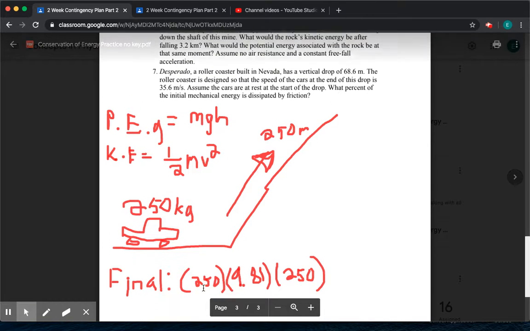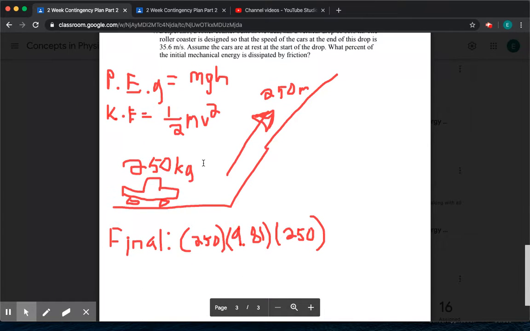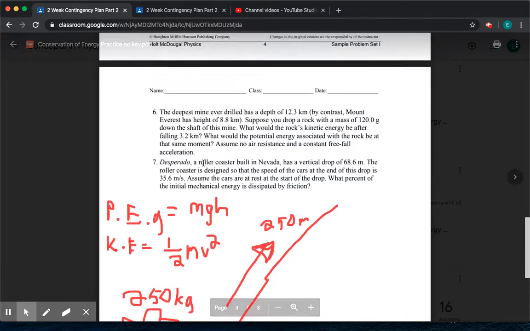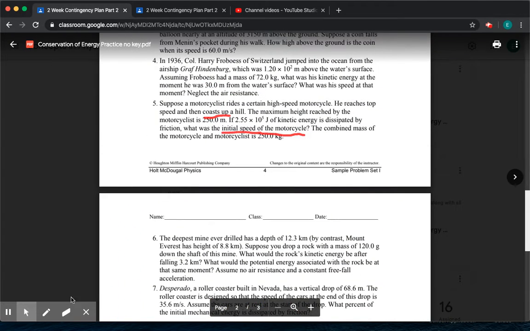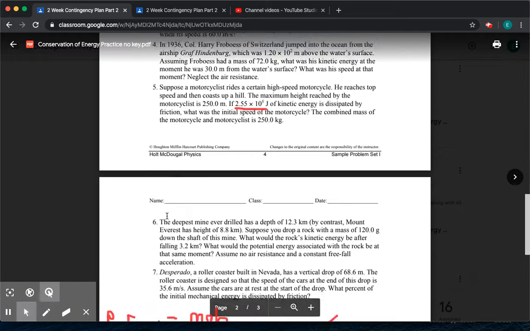Normally I would say that's the end of it, and now we're good and we can solve the speed. But actually, that's not true because there's another note in here. It says that we lost a certain amount of energy to friction as it went up the hill.